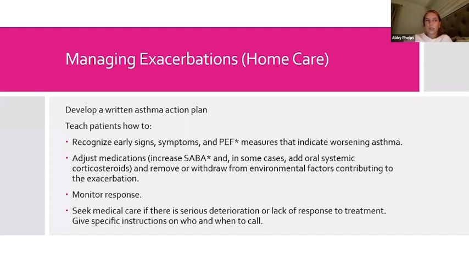Also, not even just at home, but out in certain work environments, things like that, that can trigger a lot of things for people. So monitor response and then seek medical care if there is serious deterioration or lack of response to treatment, and give your patient specific instructions on who and when to call.